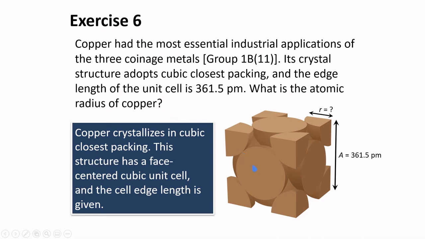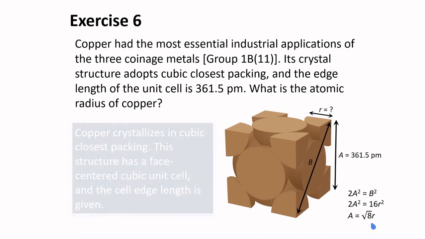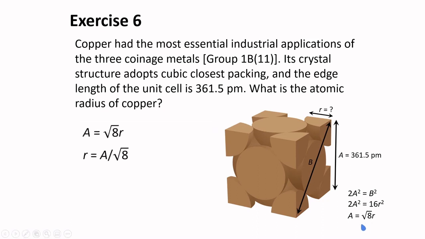Given that copper has a cubic closest packing, then we can use the formula given in the previous slide. a is equal to square root of 8 times r. Rearranging the equation will result in r being equal to a over square root of 8, which gives the radius equal to 127.8 picometers.